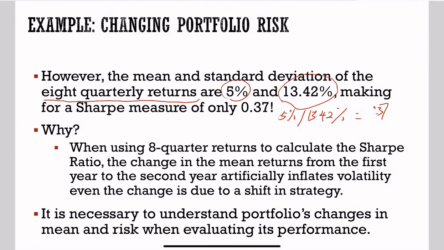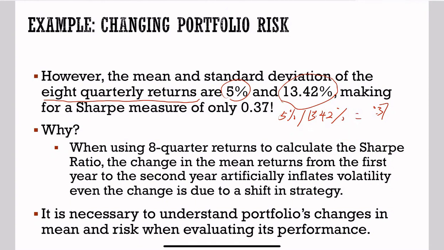interesting and weird, right? Because think about this. If you separately evaluate this manager in both years, the manager will have a Sharpe ratio of 0.5, outperforming the market.